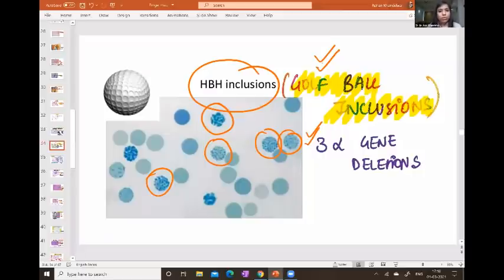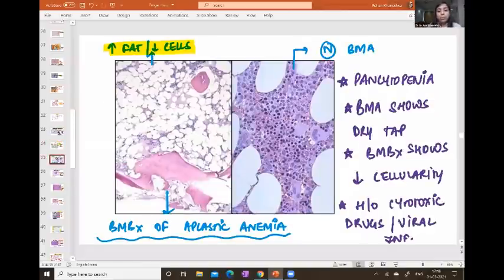Next. In this image, on the right side, I can see a normal bone marrow biopsy. You can see fat, and you can see this is the cellular focus. On the left side, on the other hand, can you appreciate that there is a lot of fat? There are very few cells, right?